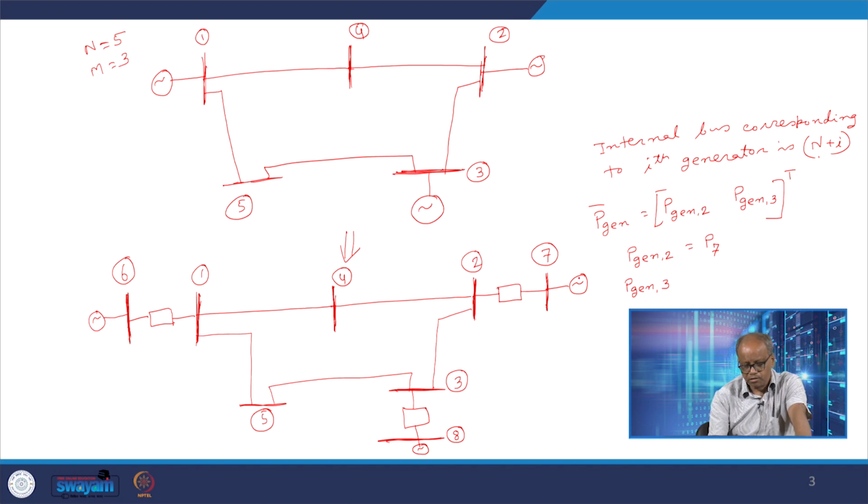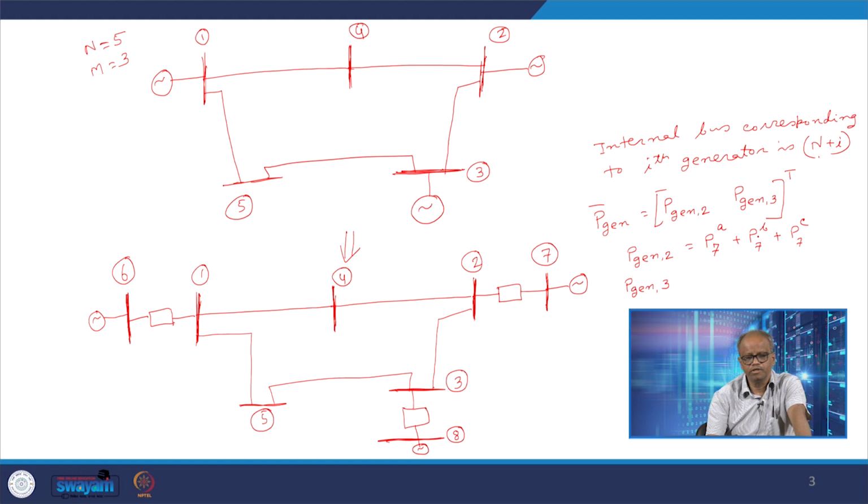Now the total 3 phase power generated by this generator would be equal to power generated at phase A, that is P7A, plus P7B plus P7C. What is P7A? P7A is the real power injected by this generator at bus 7 corresponding to phase A, right.